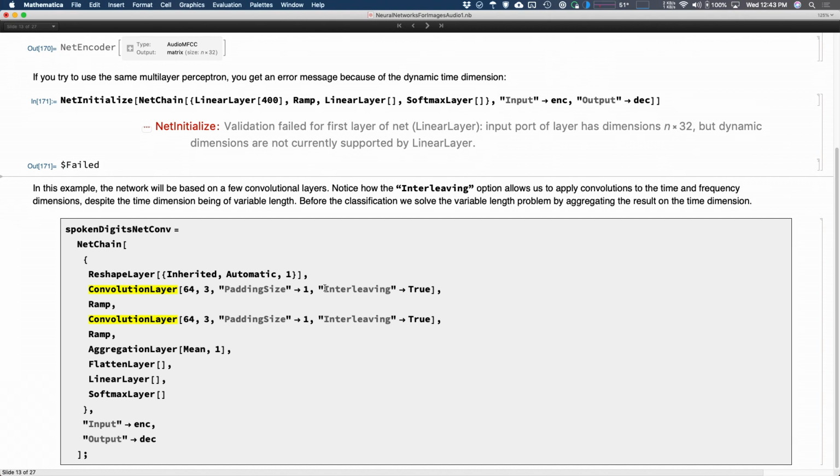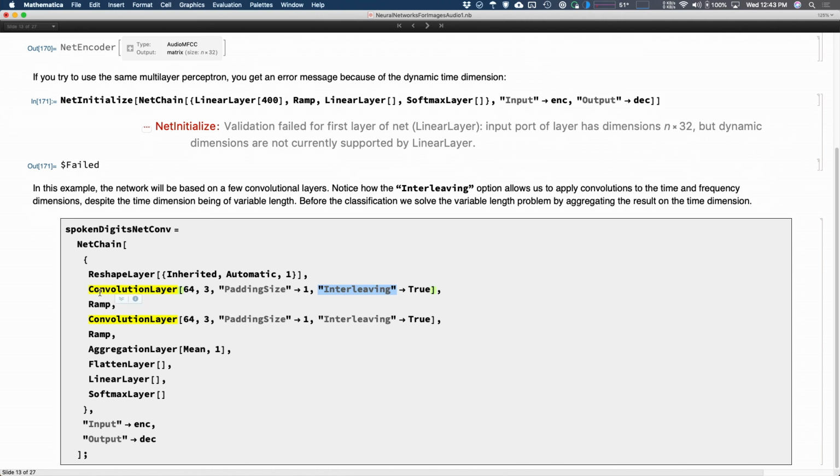In the Wolfram Language, to allow a convolution layer to operate on data of varying dimensions, the InterleaveOptions needs to be specified so that the channel dimension gets pushed as the last one, and the first dimension is the one that we allow to vary.